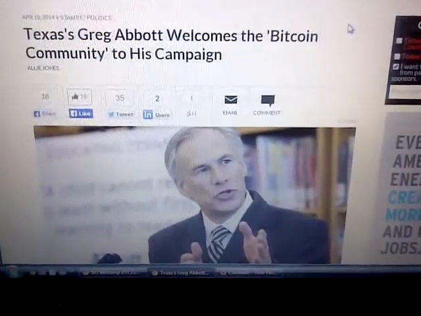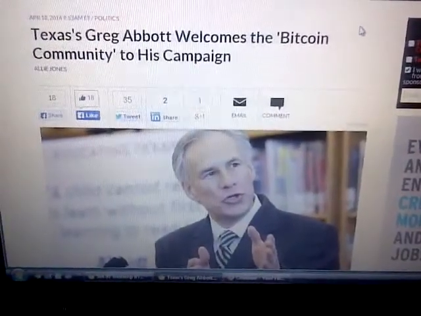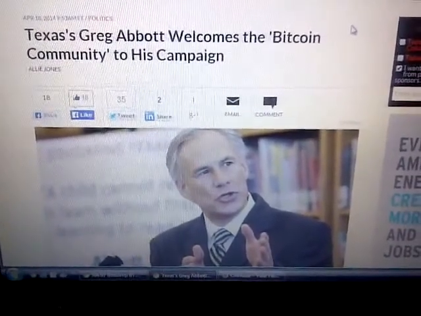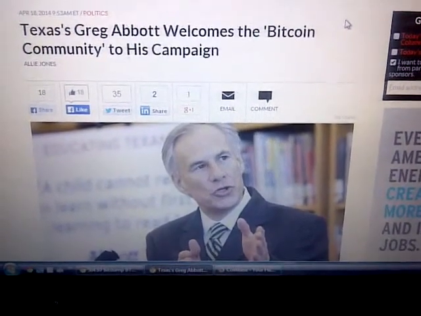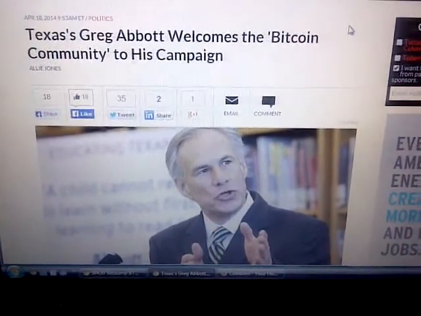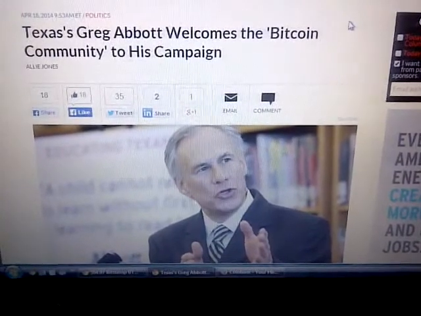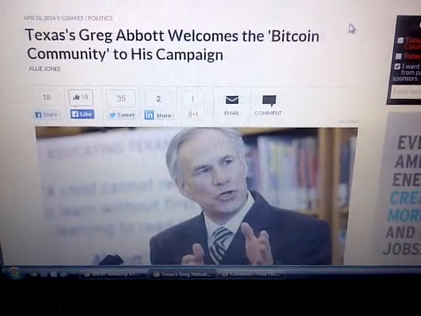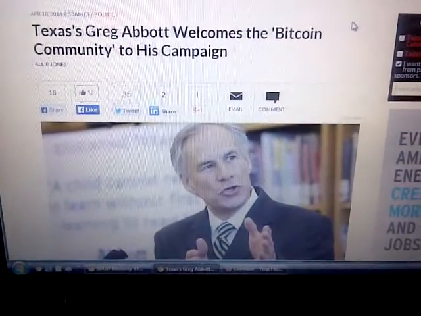I see this in the future, maybe in a couple of years, that Bitcoin can influence a presidential campaign, a senatorial campaign, a federal campaign, federal elections, state elections, local elections. This is amazing.